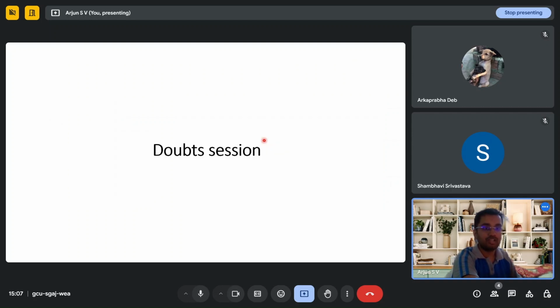So it's a very short recap. We will have a small doubt session till about 3:10 or 3:15 if we have any doubts, and then we'll move on to the problem solving assessment.